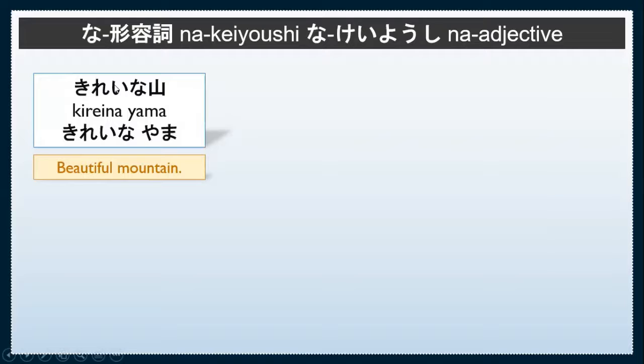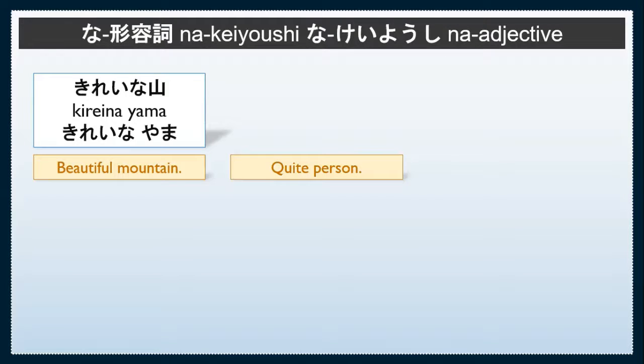Even though it ends with i, it is not i-keiyoushi. It is na-keiyoushi. You will come across such words, and to remember them you will have to memorize each of them, and there are very few such words, so they are easy to remember.